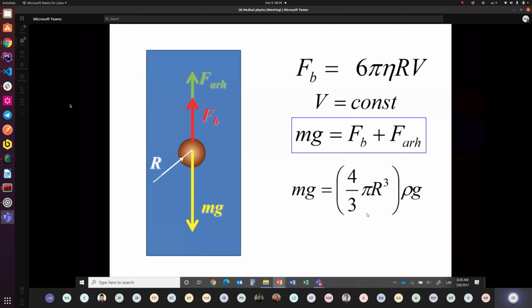The weight can be calculated if you know the radius, the density of this material, and g, the gravitational acceleration. The Archimedes force is the same, but here we have the density of the liquid.